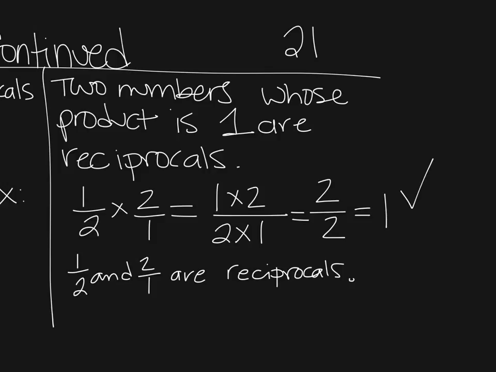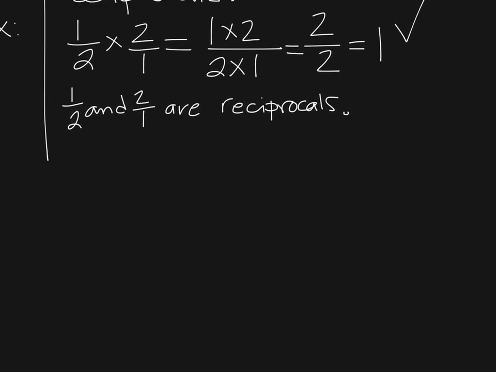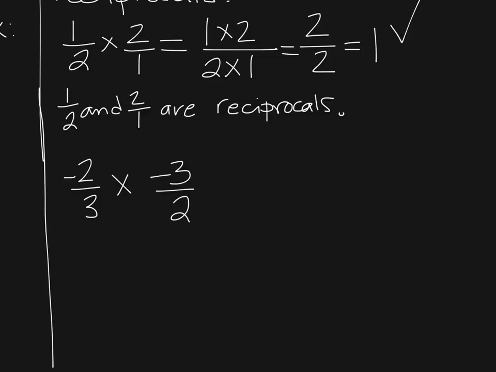Okay, here's another example. Let's say you have negative 2/3 times negative 3/2, or negative 3/2. It doesn't matter where the negative goes, and you'll see why right now.